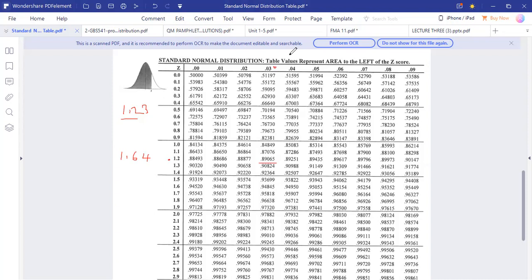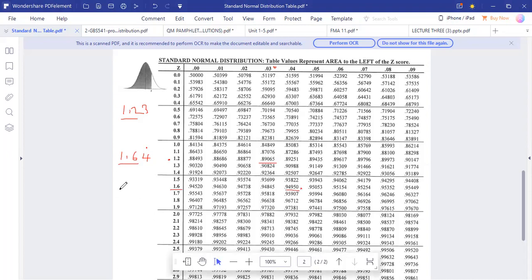Who wants to try the reading for 1.64? You check 1.6 and 0.04 where they are meeting. So this is the reading.